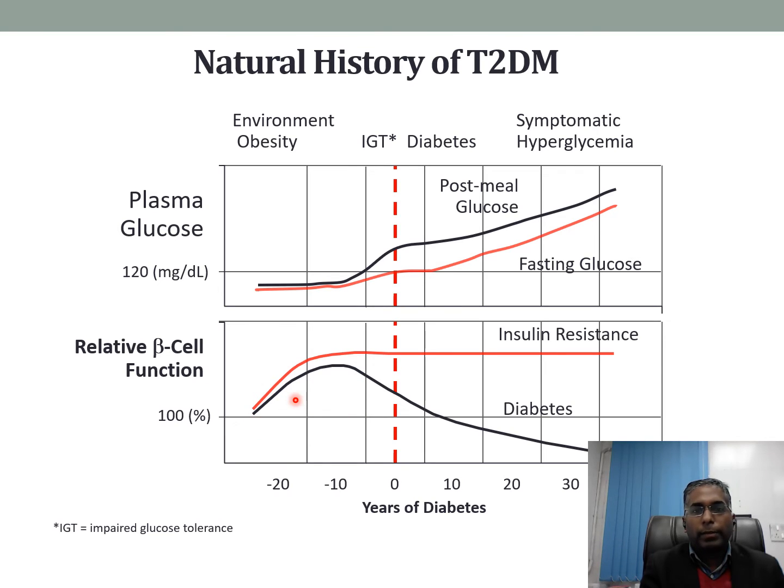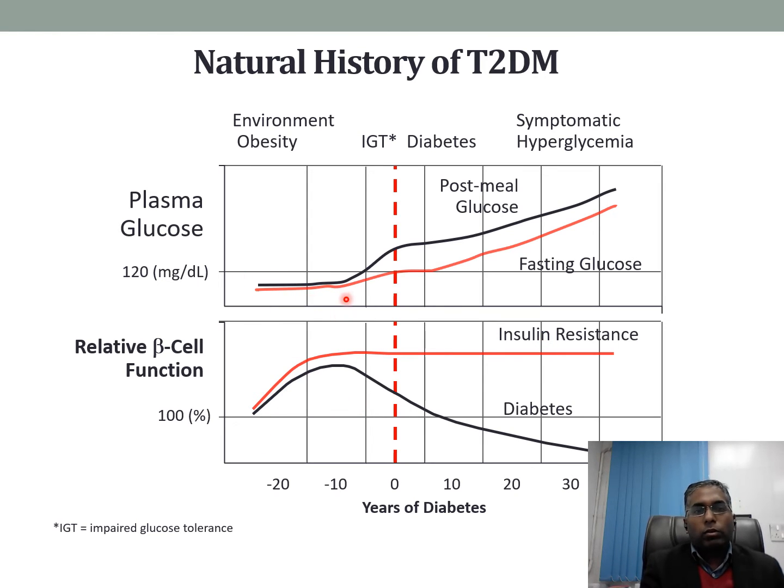Over a period of time, when the patient develops diabetes mellitus, the beta cell function decreases. And because of decreasing beta cell function, insulin resistance is high. These two things have an effect.